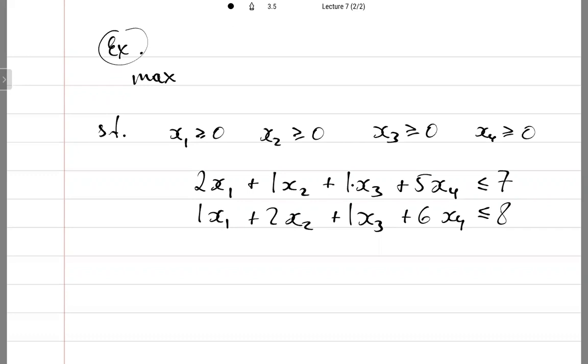And I'd like to have a maximization of what I would like to maximize: 10x1 plus 10x2 plus 7x3 plus 100x4.